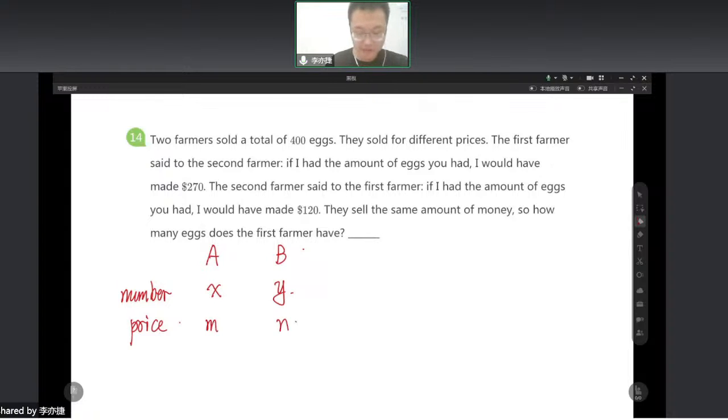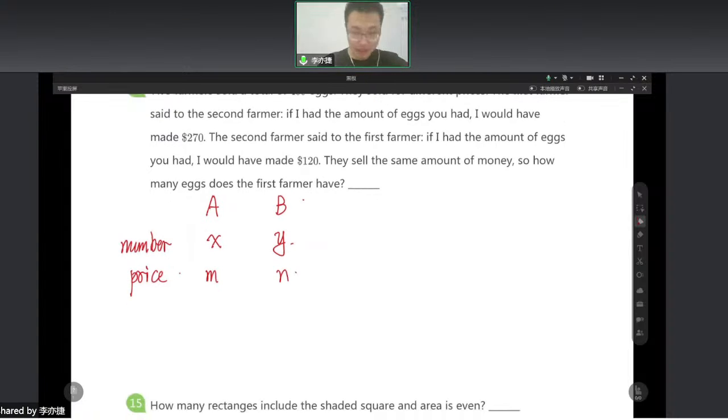So first, we know the total is what? The total is xm and ny. Because they sell for the same amount of money, we have xm equal to yn. This is the first thing we need to know. The second thing is, if they exchange the numbers, they will sell at a different price.